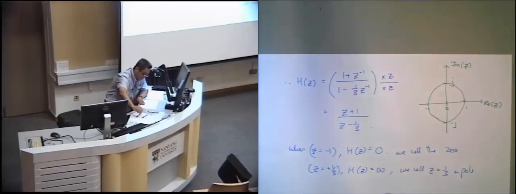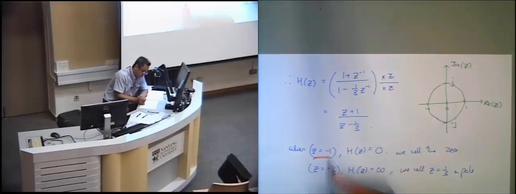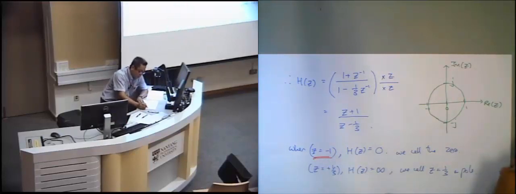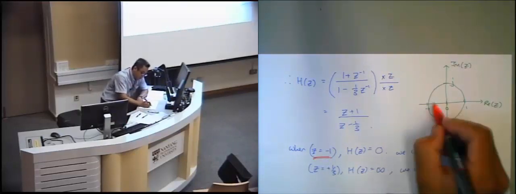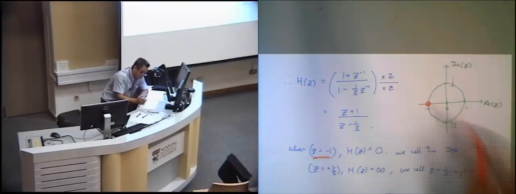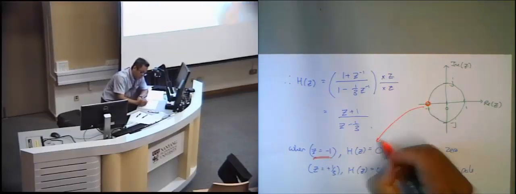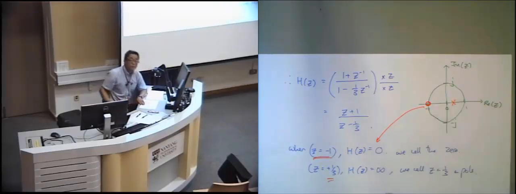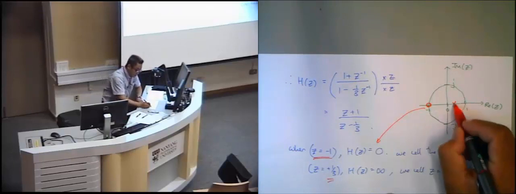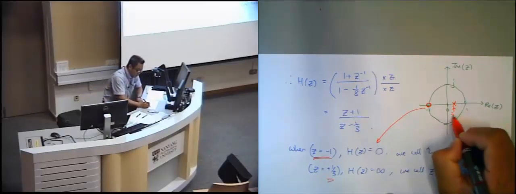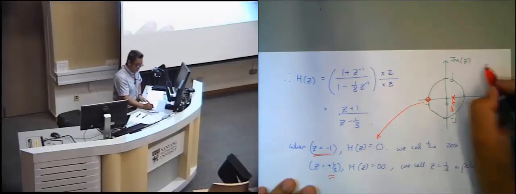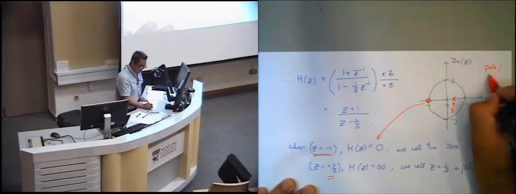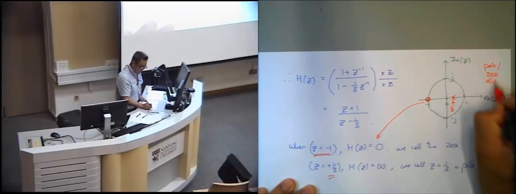Now I will draw where z equals minus 1. Here. Because it is a zero, I draw a zero. And at z equals 1/3, here, 1/3. So this is the pole-zero diagram.